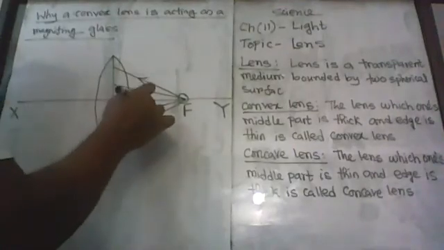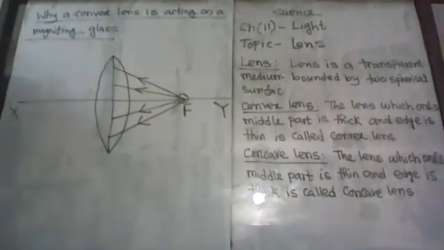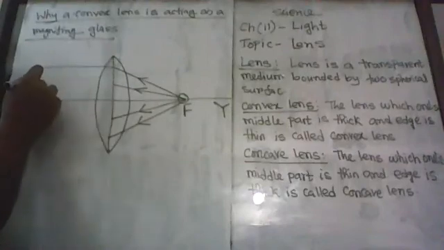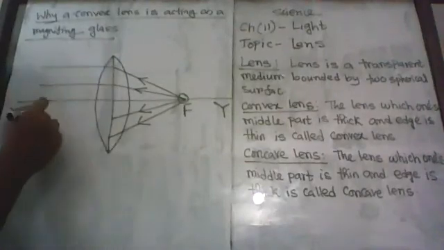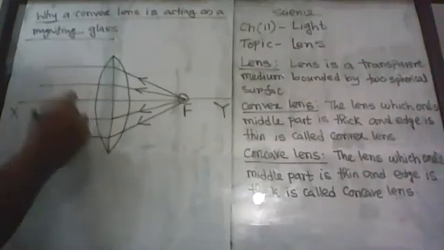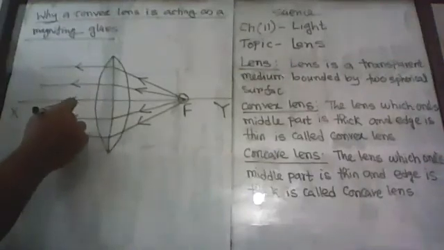Then after incident on this convex lens, what is happening here? You see, the refracted rays of light become parallel to each other.